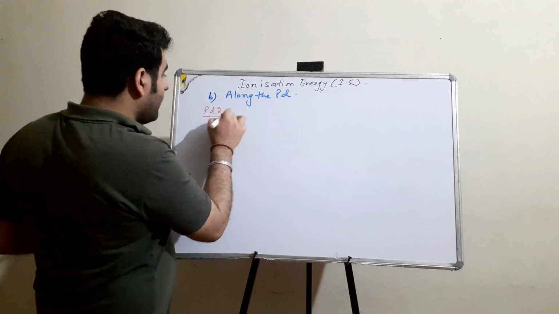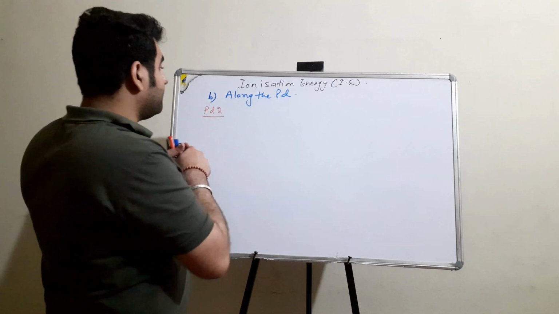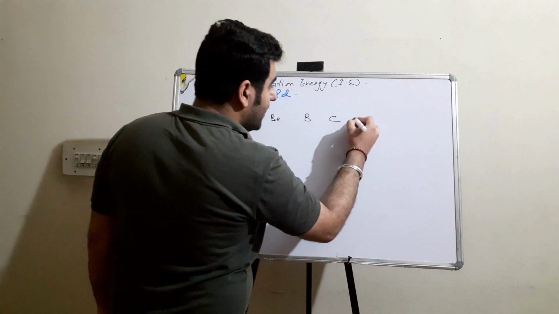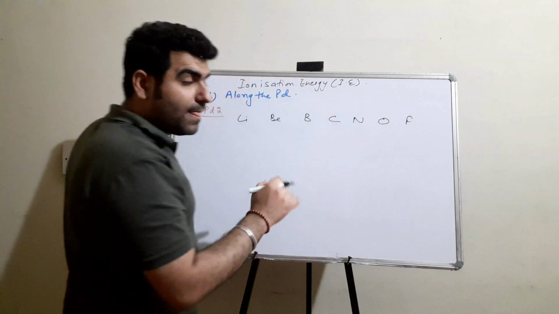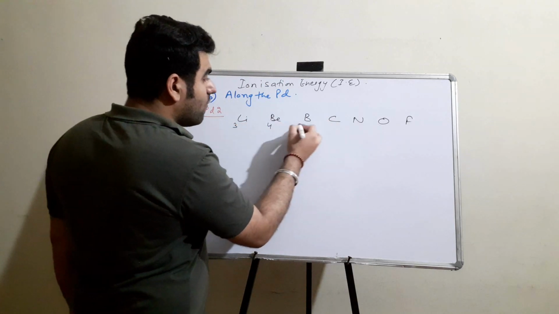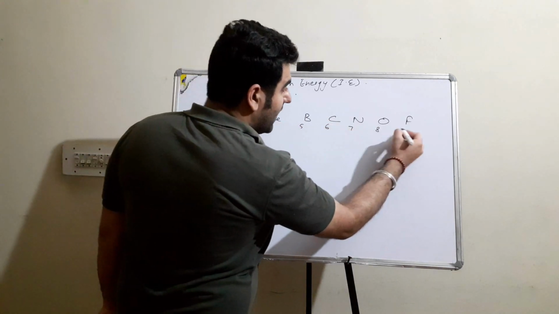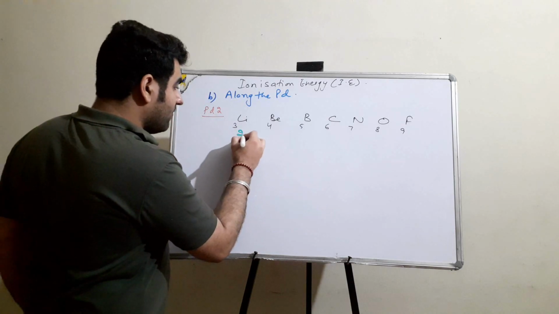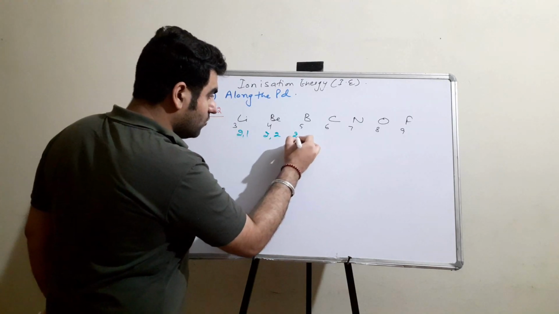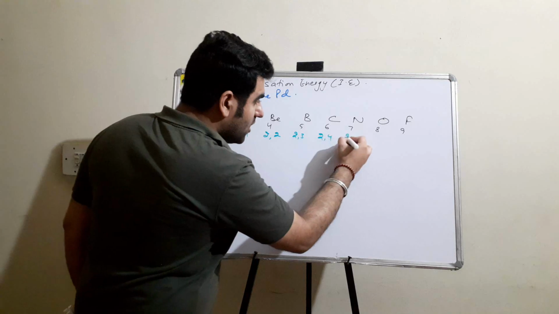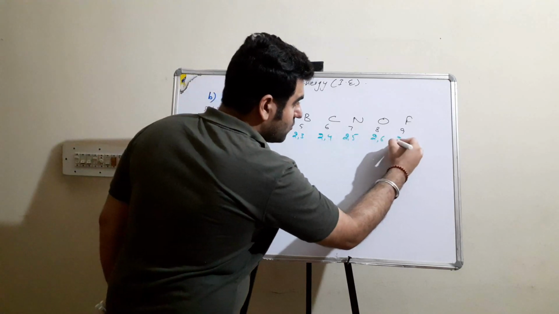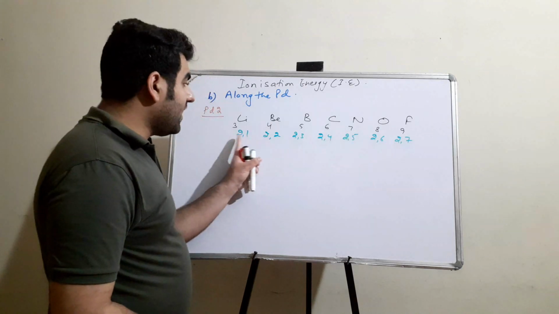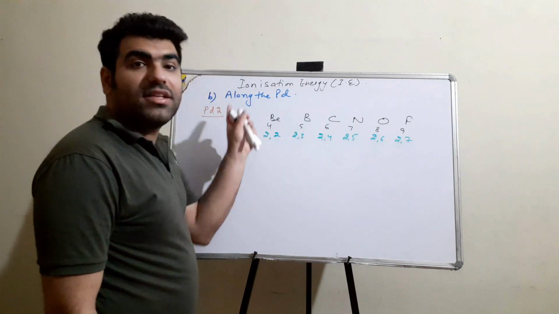In period 2, we have lithium, beryllium, boron, carbon, nitrogen, oxygen, fluorine, which are 3, 4, 5, 6, 7, 8 and 9. Let us write down the electronic configurations: 2,1; 2,2; 2,3; 2,4; 2,5; 2,6; 2,7.